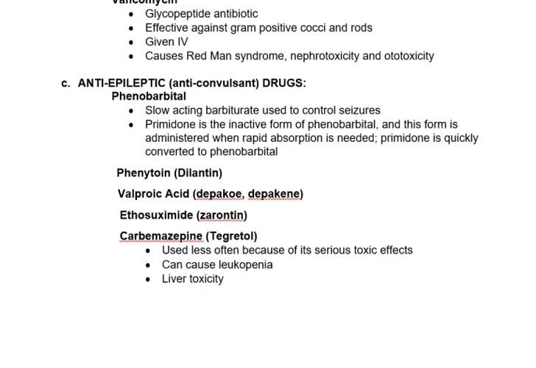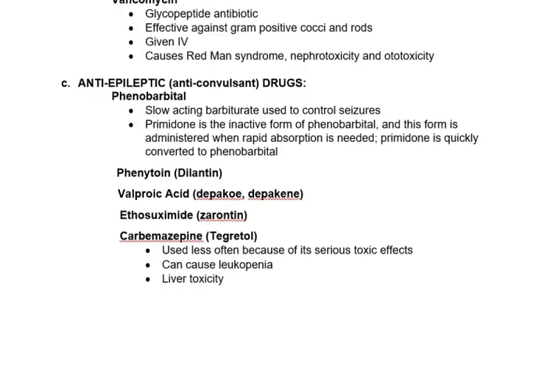Our next class of drugs is the anti-epileptic or anticonvulsant drugs. Our first drug is phenobarbital. It's a slow-acting barbiturate. It's used to control seizures. Primidone is an inactive form of phenobarbital, and this form is administered when rapid absorption is needed.